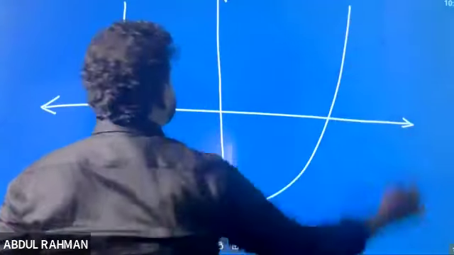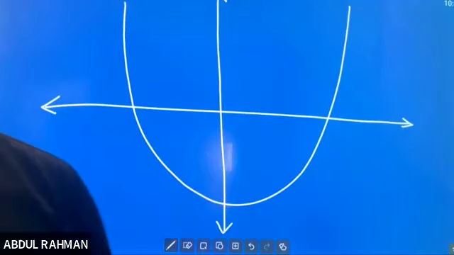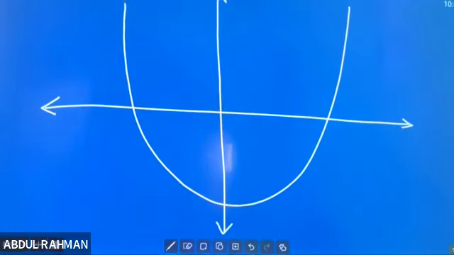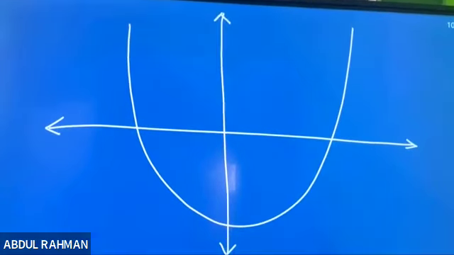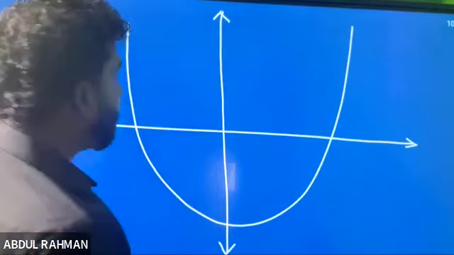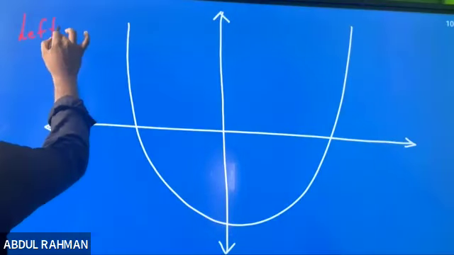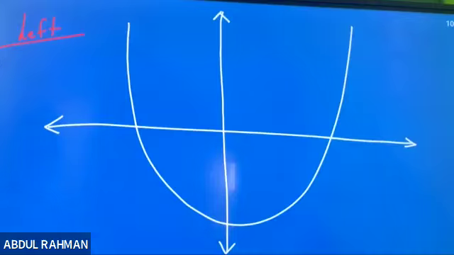Just come like this and note this. Now I said, always start your graph from what? Your left hand side.